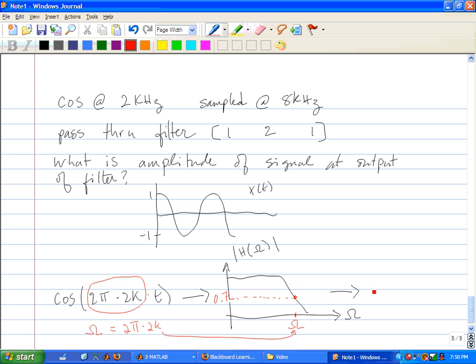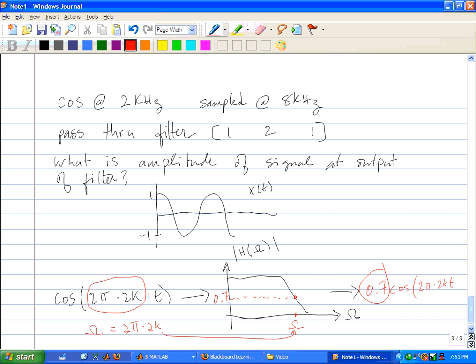So my output I would expect to be 0.7 times cosine of the same frequency, 2 pi times 2k t, plus some phase shift that we didn't talk about yet. But we didn't ask about the phase shift. I just said, what's the amplitude of my output going to be?